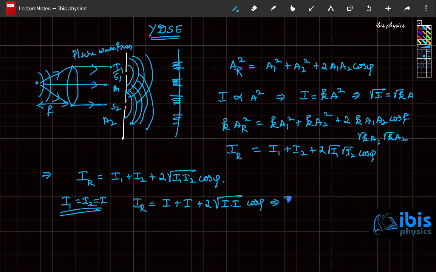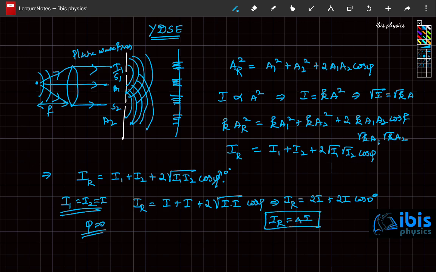If the phase difference is 0, in order to produce a bright interference, then cos 0 is 1, so I resultant is equal to 4I.